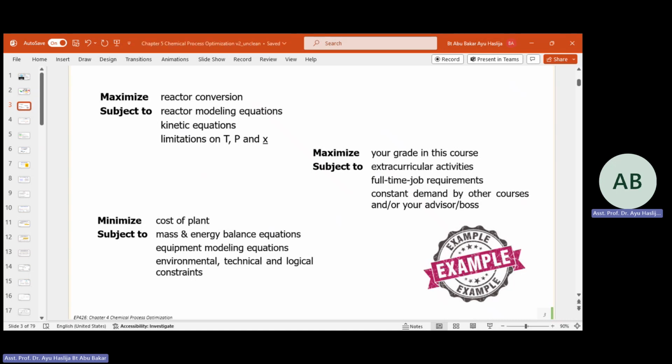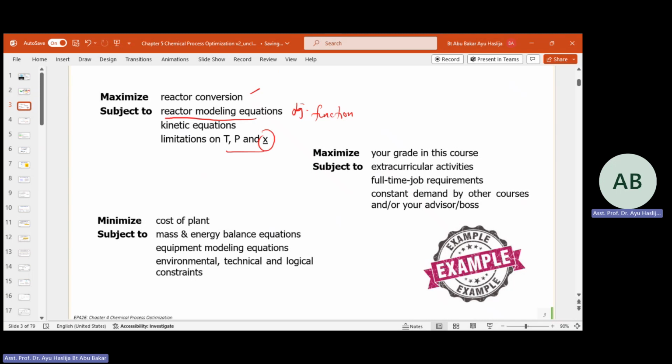So, for example, your purpose is to maximize the reactor conversion. Okay, your purpose, your aim, subject to the reactor modeling equation. This is your objective function, with the constraint limitation on T, P, and X. X perhaps here is the concentration.